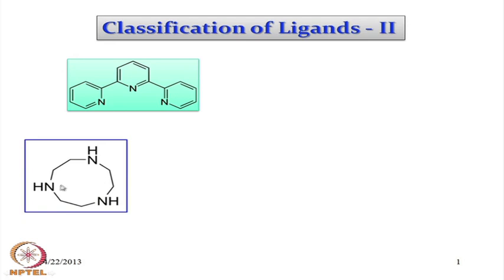So, binding of this tridentate N3 type of ligand would be completely different from this binding, because this, when binding to the palladium or platinum center, goes from one particular side, and only 3 of those sites are bound by these 3 nitrogens.